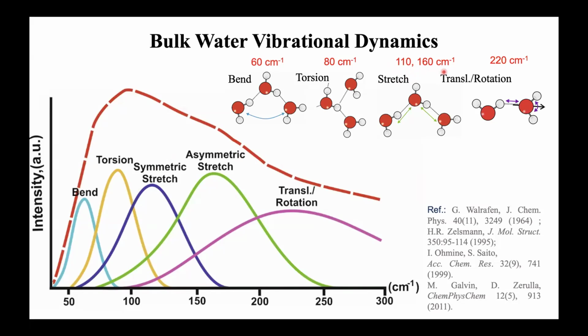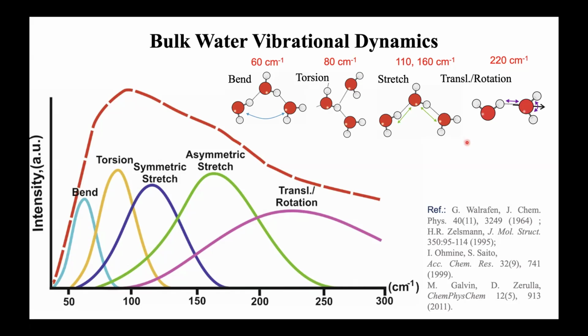There are also some specific modes, like the torsion mode associated with the bifurcated hydrogen bond, observed at about 80 inverse centimeters, and the mixed translational-rotational mode at about 220 inverse centimeters.